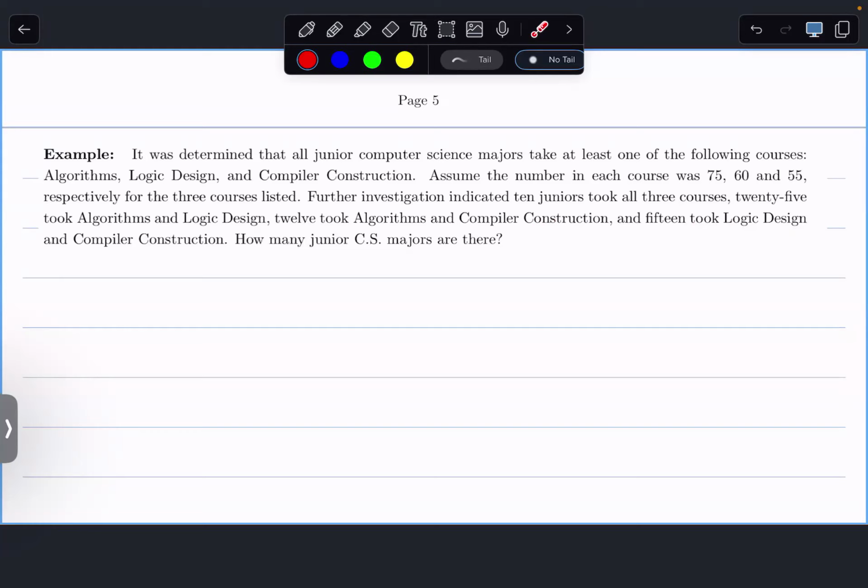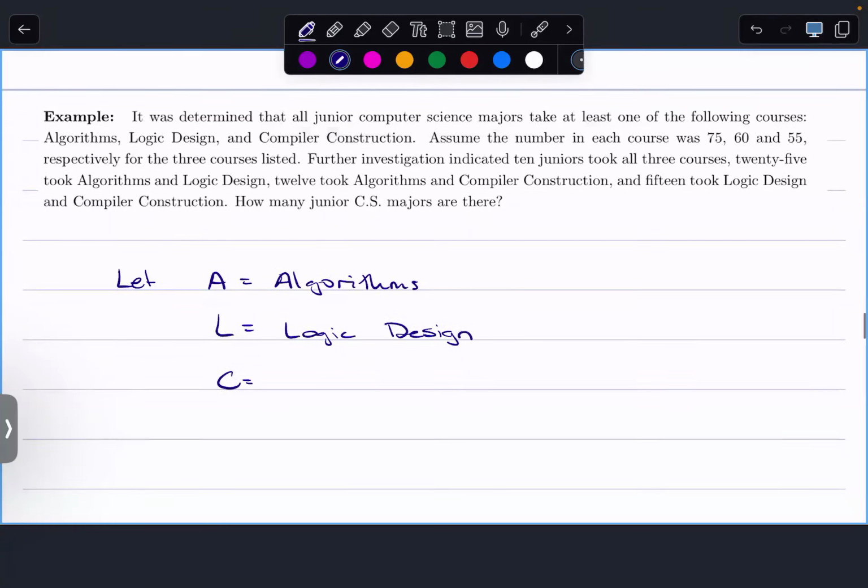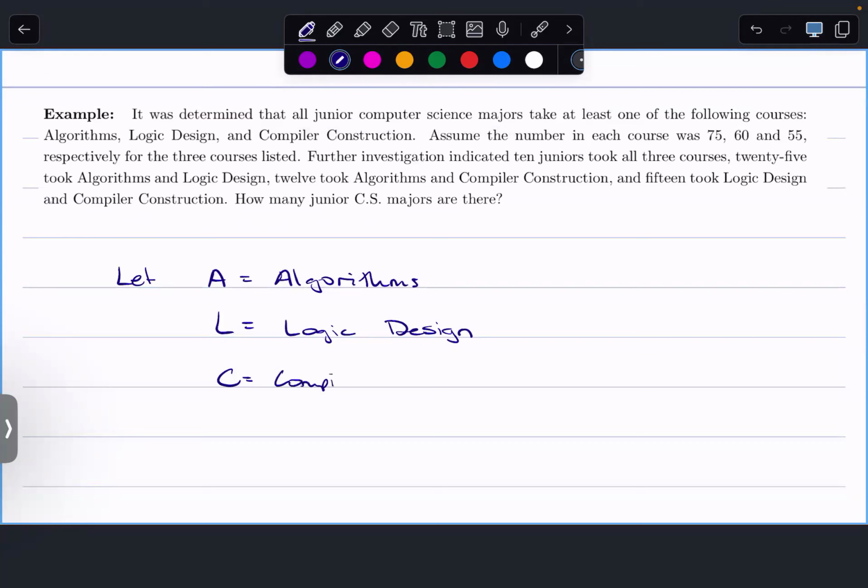You could answer this with just your knowledge from last week. But really, what are you doing? You're making partitions, so we can visualize these partitions. First, I'm going to let A denote the algorithms course, L denote the logic design, and C denote the compiler construction, just for some shorthand.